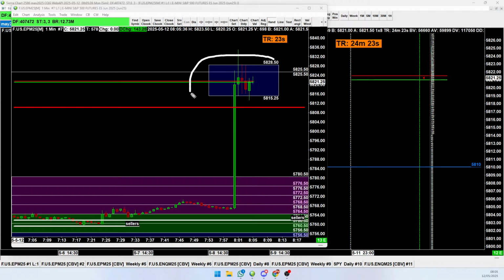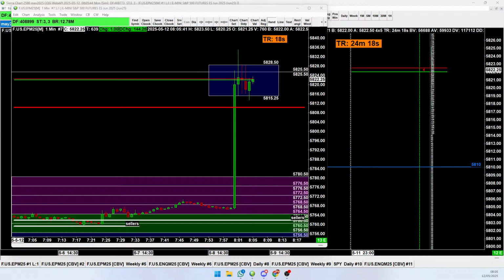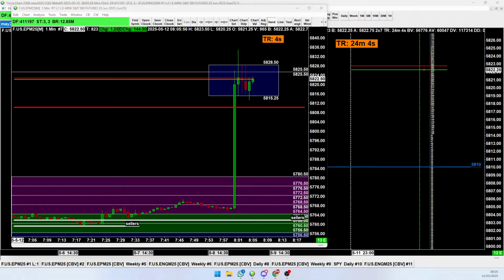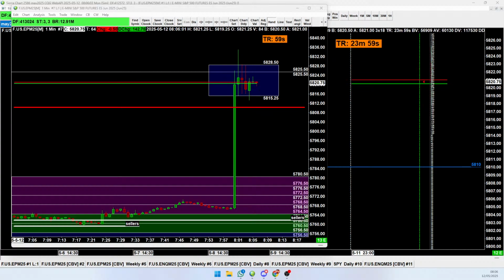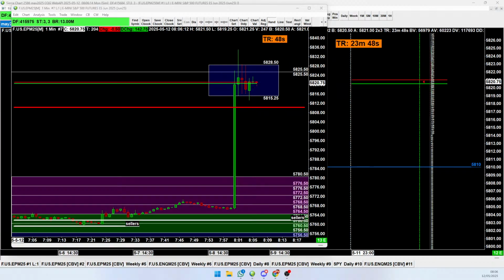I want to see two-sided trade. I'm just watching to see whether we could get a balance out of that.